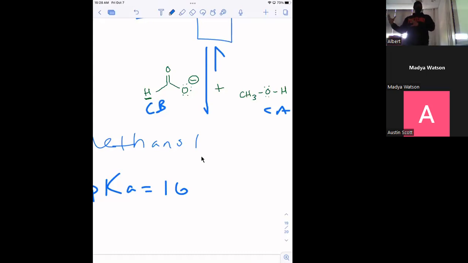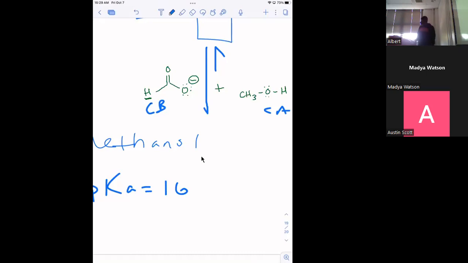All right, now here's the question. The latter part of this question: why is formic acid a better acid than methanol? Compare the conjugate base of formic acid to the conjugate base of methanol.